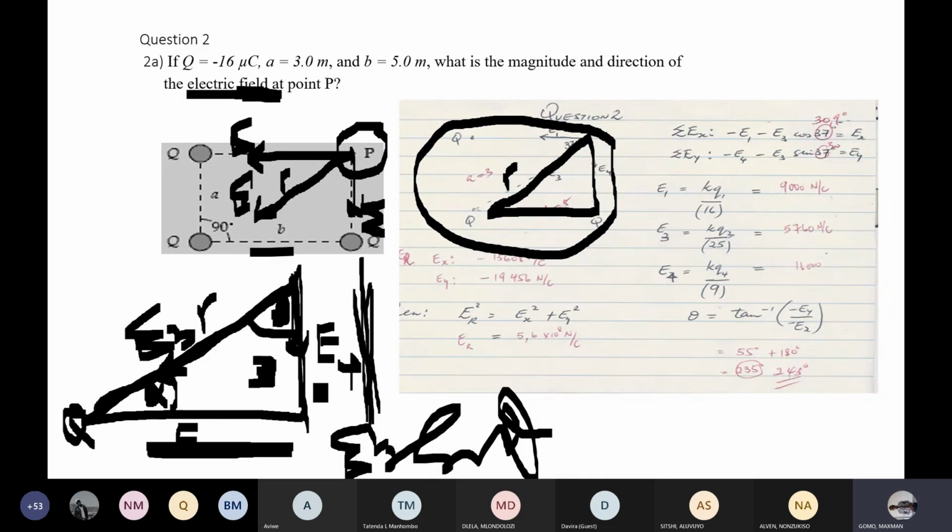So at the end of the day, when you're asked to calculate all the electric fields that are acting in the x-axis, you have your E1 here. Where do we get this E1 from? E1 is this one that you are seeing here, ladies and gentlemen. That's the first one. Since it's going in the negative direction, that's why you see it's negative. Then you have minus E3 cos 37. I said that this one here, where is it? This one, okay.